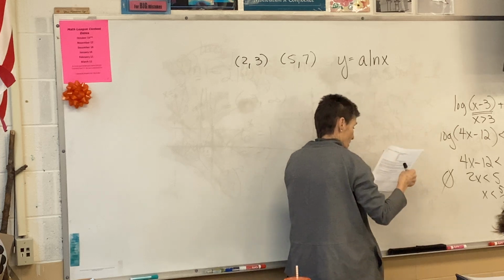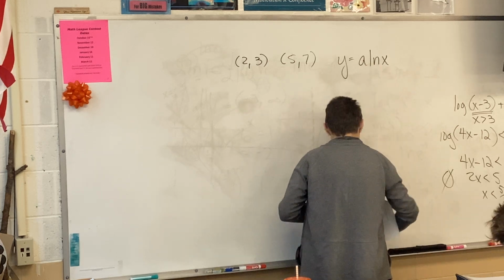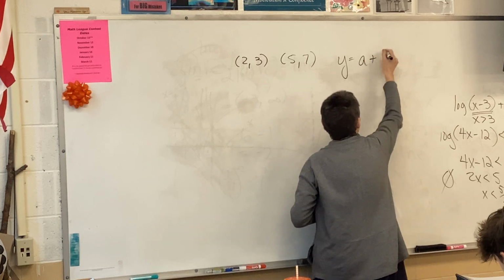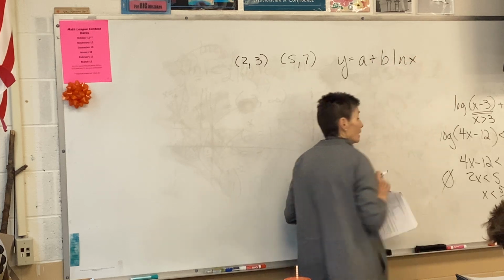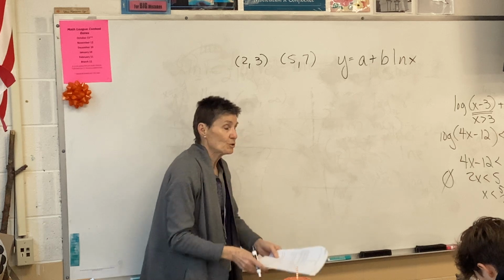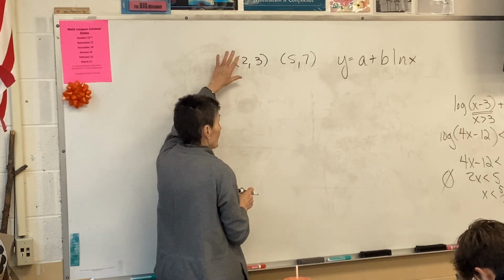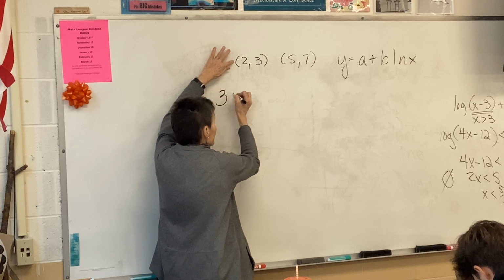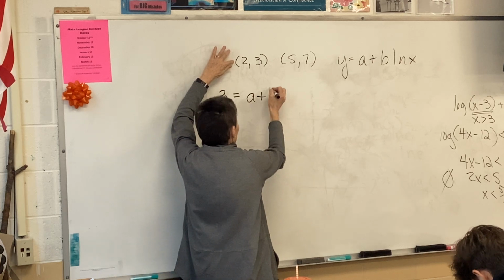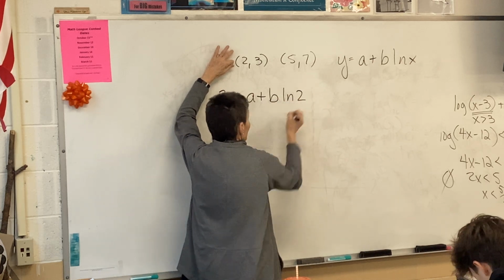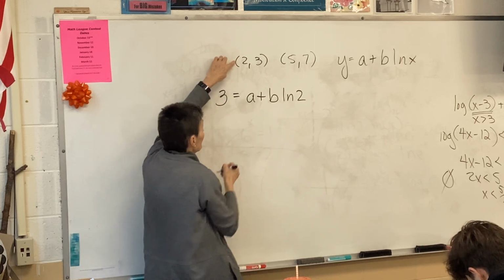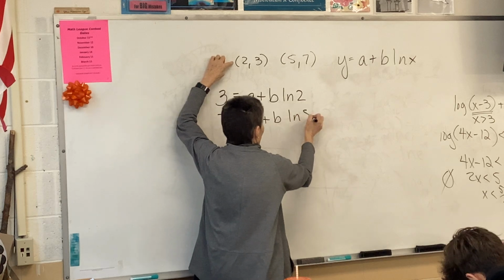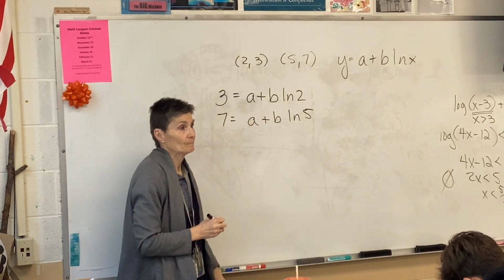Oh wait, A plus. The format they want us to use is this right here. All right, so what are my 2 equations going to look like using this set of data? 3 equals A plus B ln 2, and 7 equals A plus B ln 5. Everybody good with that?